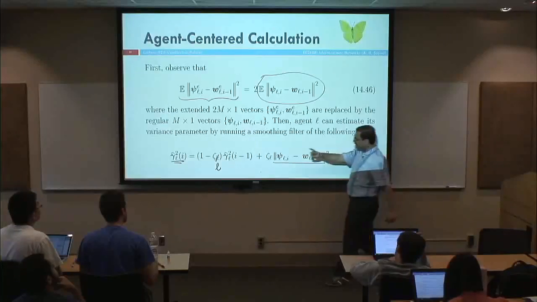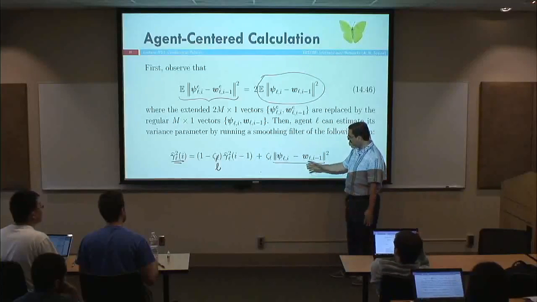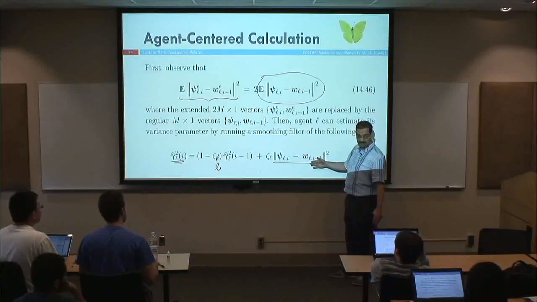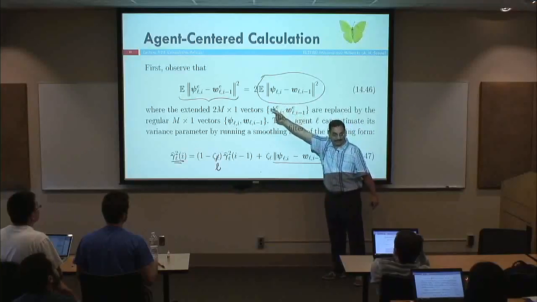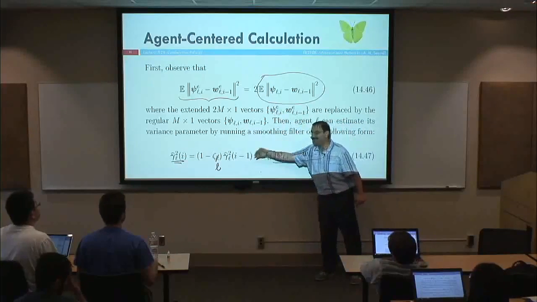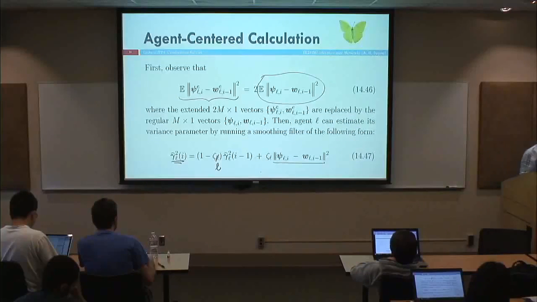You see, the expected value of gamma hat goes to the expected value of this, correct? The expected value of this is 1/2 of the expected value of that, which is the gamma, right? So gamma hat is going to 1/2 of gamma, right? The notation is a bit confusing, but you get the idea, right?